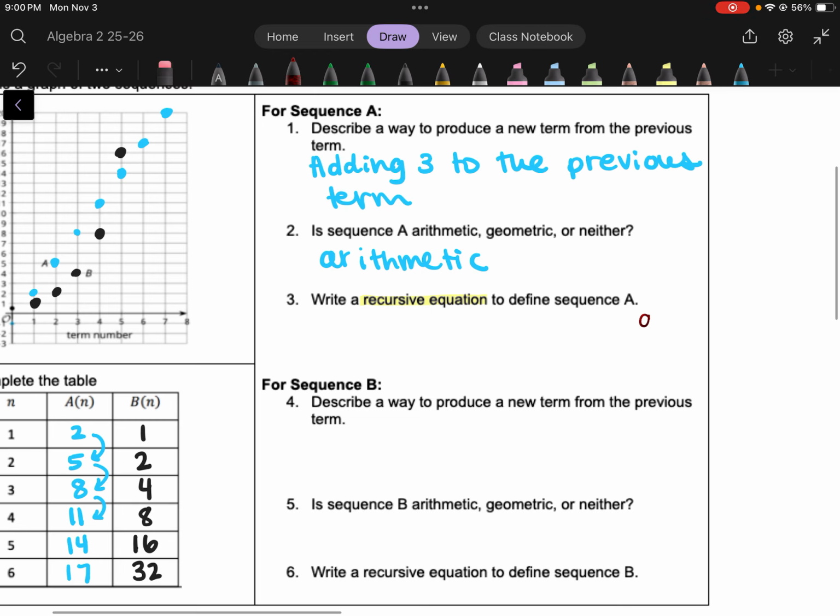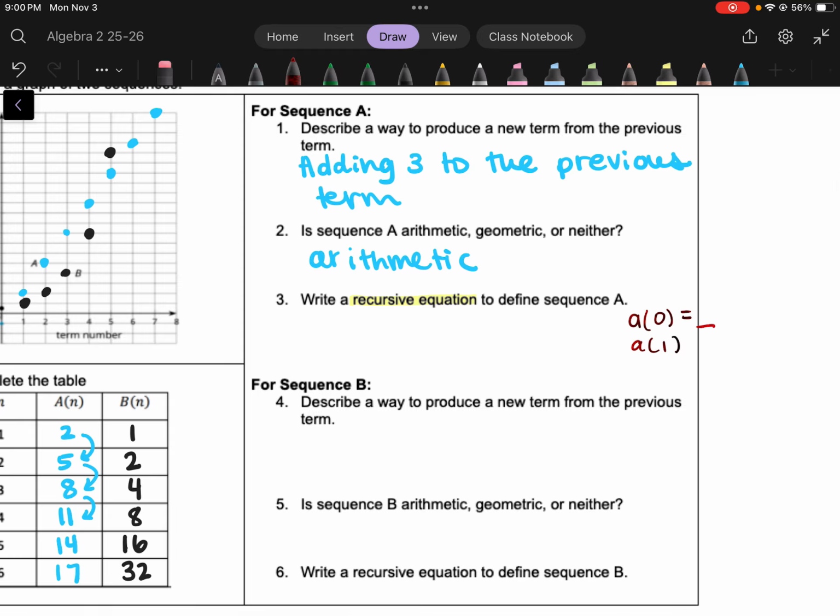So A of 0 or A of 1. You have to use one or the other. So if we use A of 0, you'll fill in for the 0 term. If you use A of 1, this is an OR here, you'll fill in for that term.